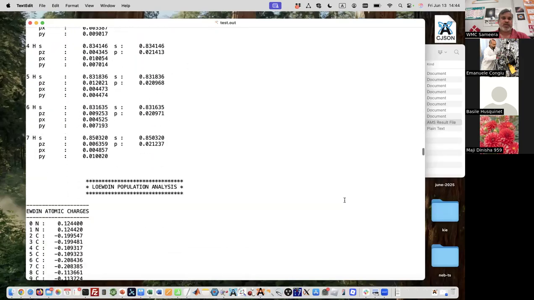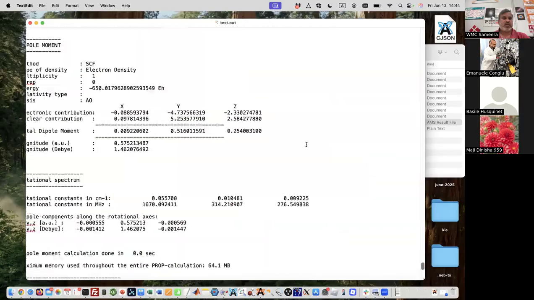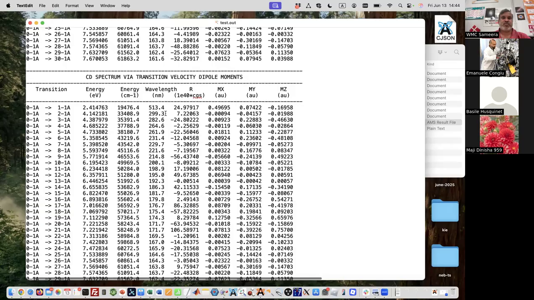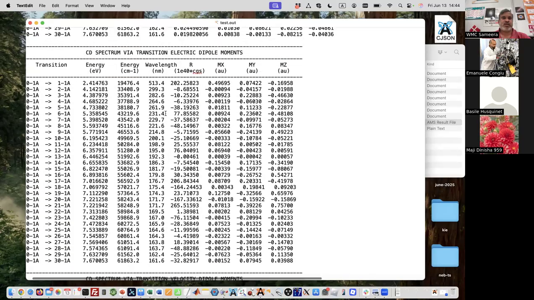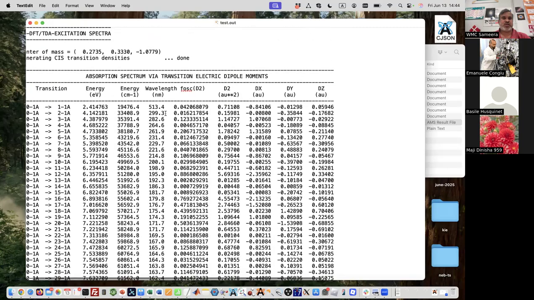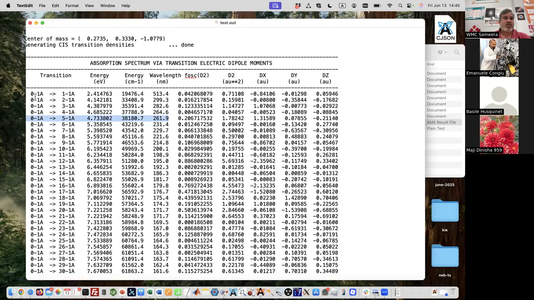Now let's look at the most important excitations. So here the most important excitation is here. So this is the 1, 2, 3, 4, this is the fifth excitation.